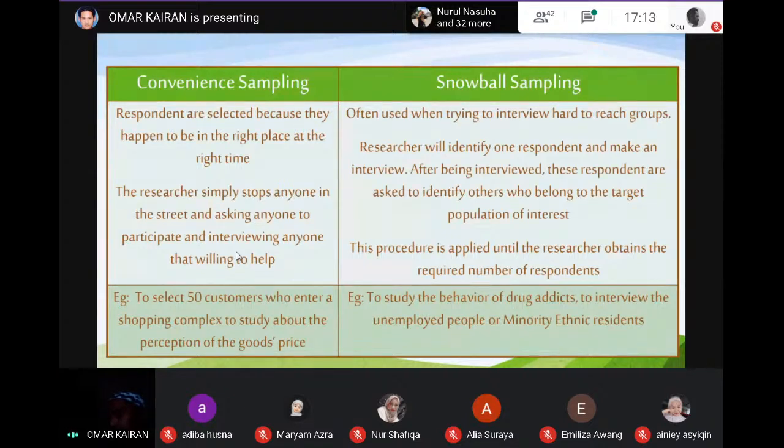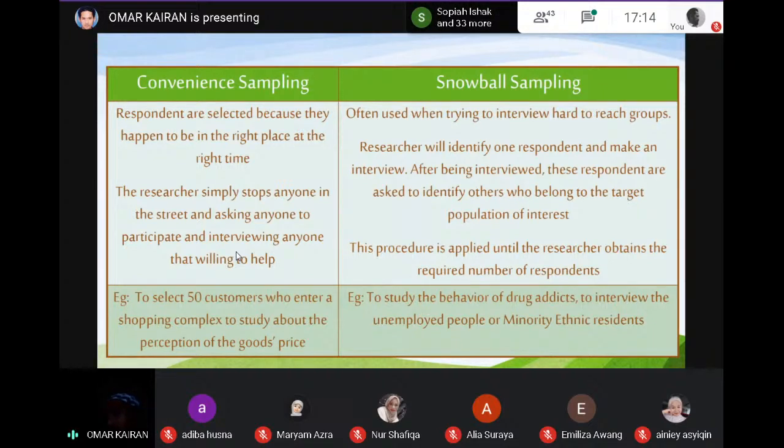Okay, contohnya you kaji, you investigate something berkaitan dengan dengue fever. So you approach people yang already get the dengue fever, ada pengalaman dapat dengue fever. So you interview.